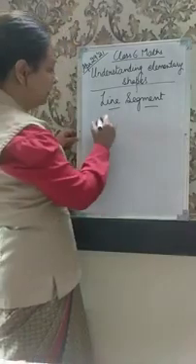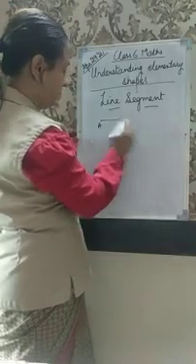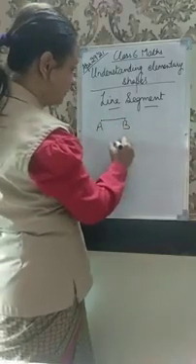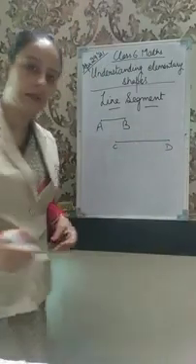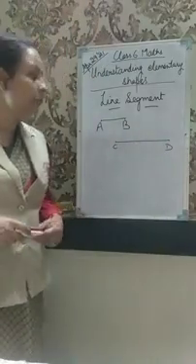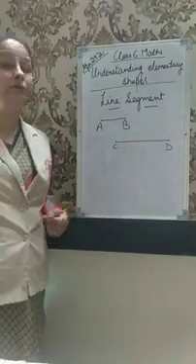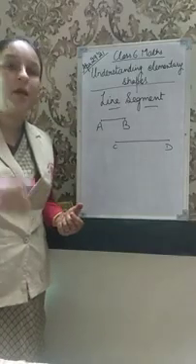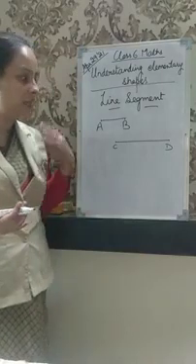First example, let's say this is AB and this is CD. Alright, I have two line segments here, AB and CD. The first way I can compare them is by merely looking at them.